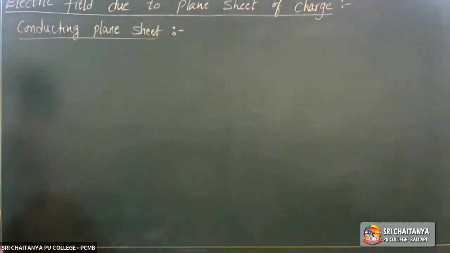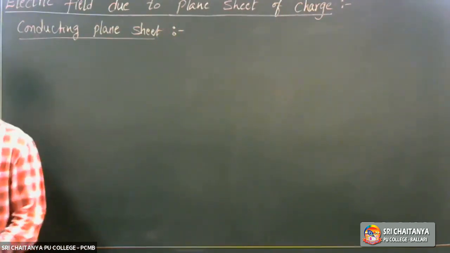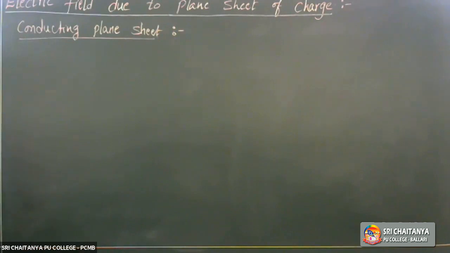Due to this conducting sheet, at a point, what is the electric field? There is one conducting sheet.